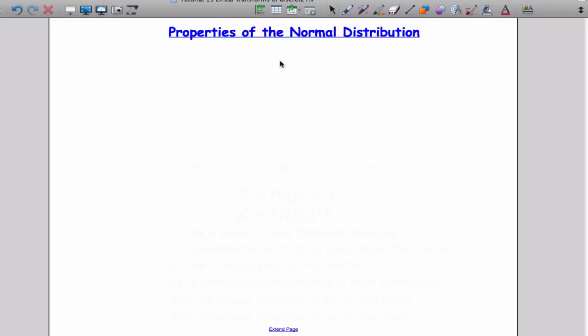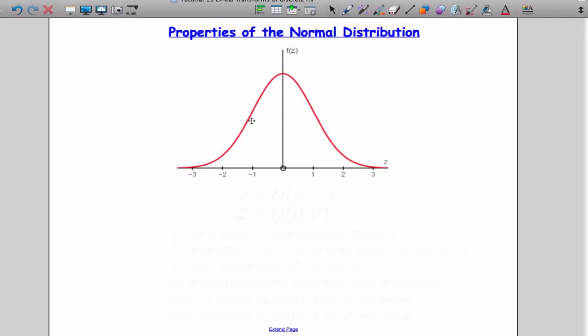A normal distribution is generally a bell-shaped curve such as this. What we say is that the normal distribution has a mean of mu, that's the Greek letter mu, and a variance sigma squared.